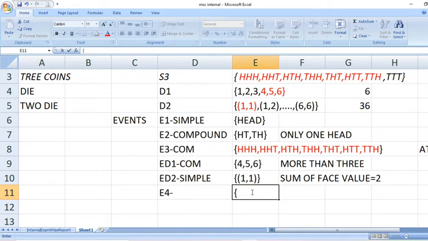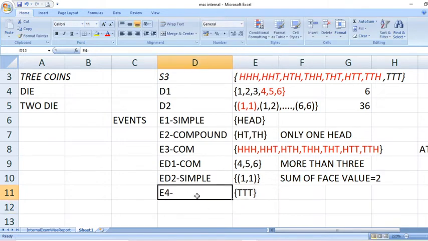Sorry. So what is the specialty of E3 and E4? If you combine E3 and E4, you will get S3. S3 is E3 union E4.